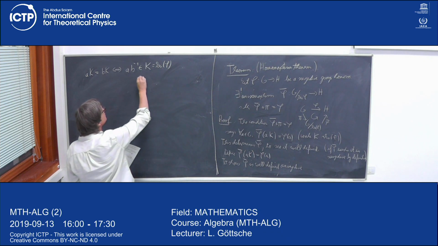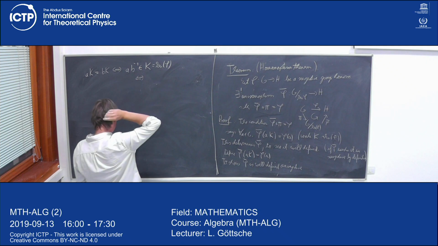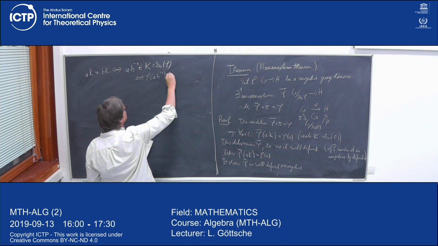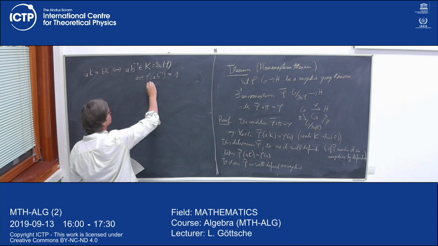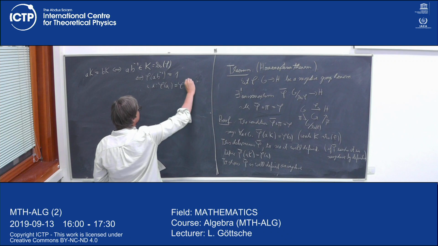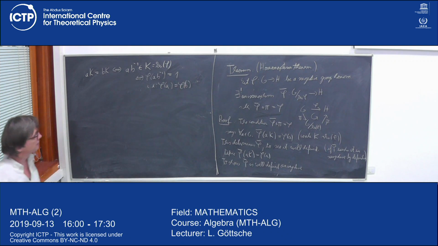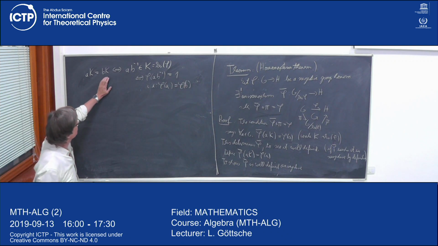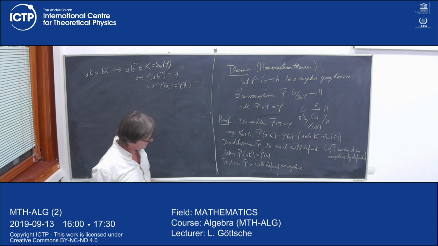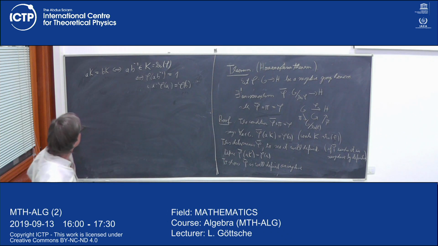Which is equivalent to saying that phi of A times phi of B to the minus 1 is equal to 1, that is, phi of A is equal to phi of B. So we say here that these two classes are the same if and only if the image is the same. This says at the same time that it's well defined and that it's injective.